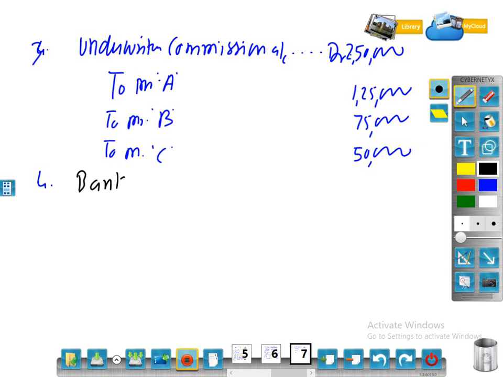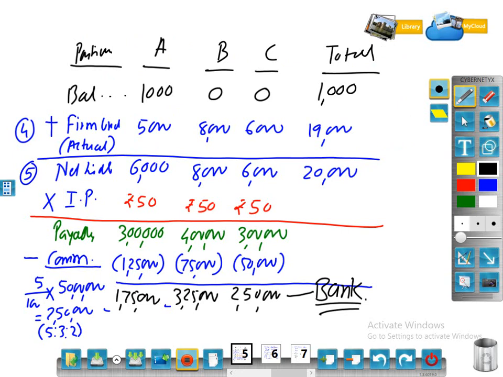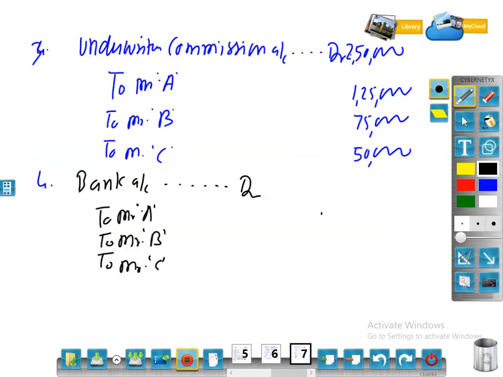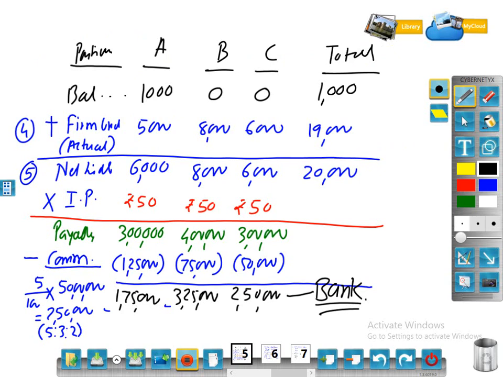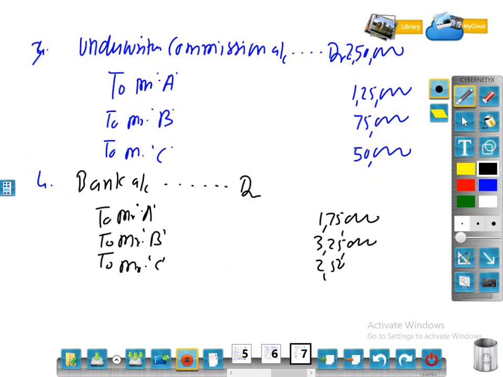Bank account debit to Mr. A, to Mr. B and to Mr. C. How much? 1 lakh 75,000, next 3 lakh 25,000 and third 2 lakh 50,000. So total 7 lakh 50,000. Finish.